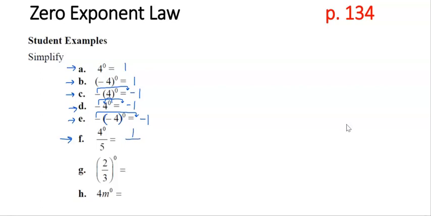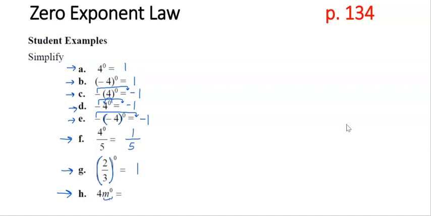Denominator is just 5. Our result is 1/5. For G, the entire fraction is to the power of 0. It's equal to 1. And for H, we have a coefficient 4 with m to the power of 0.